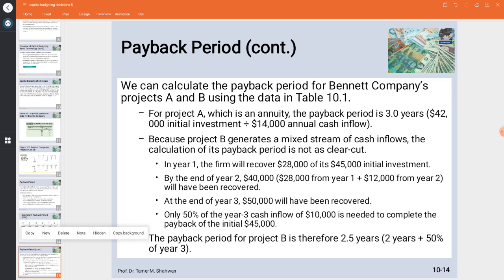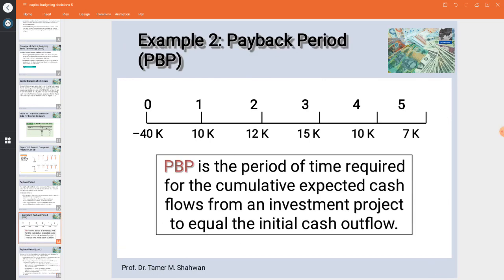However, project A will be rejected because it is 3 years, which is greater than the accepted criteria determined by your firm, and so on. As you see, this approach is very simple, and you could determine the payback period directly without any problem.